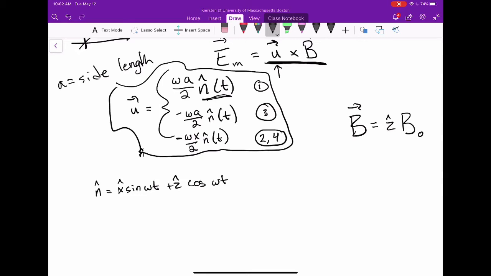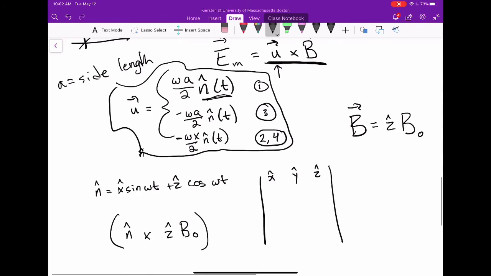So if we cross n hat with z hat b naught, writing down my determinant method cross product just like I usually do, I have got sine omega t right here, cosine omega t right there, 0, 0, 0, 1, like that. And then I take my little determinants. I'm going to get no x component.